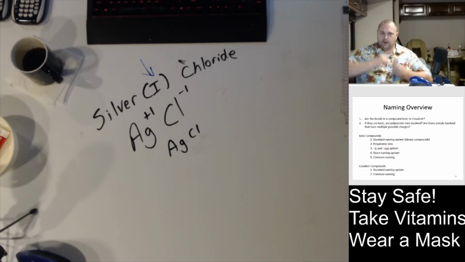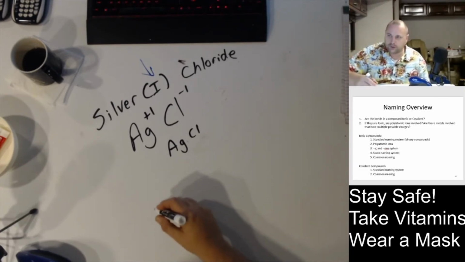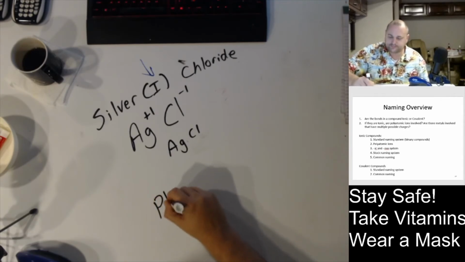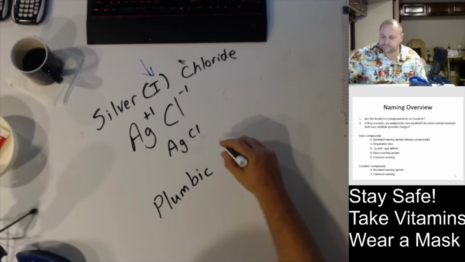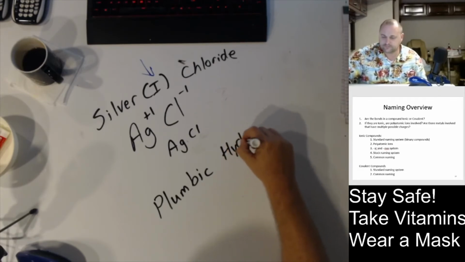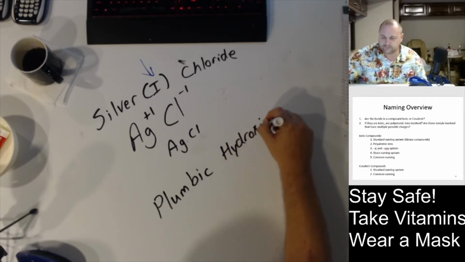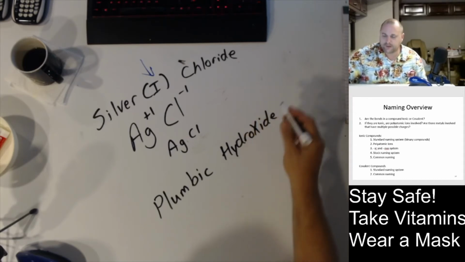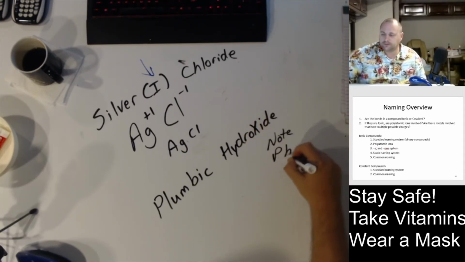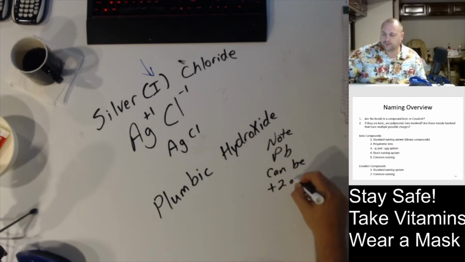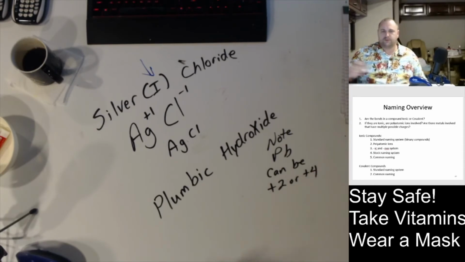Okay. Let's do a tougher one then. Plumbic hydroxide. I'm going to even tell you a note here: Pb can be +2 or +4.